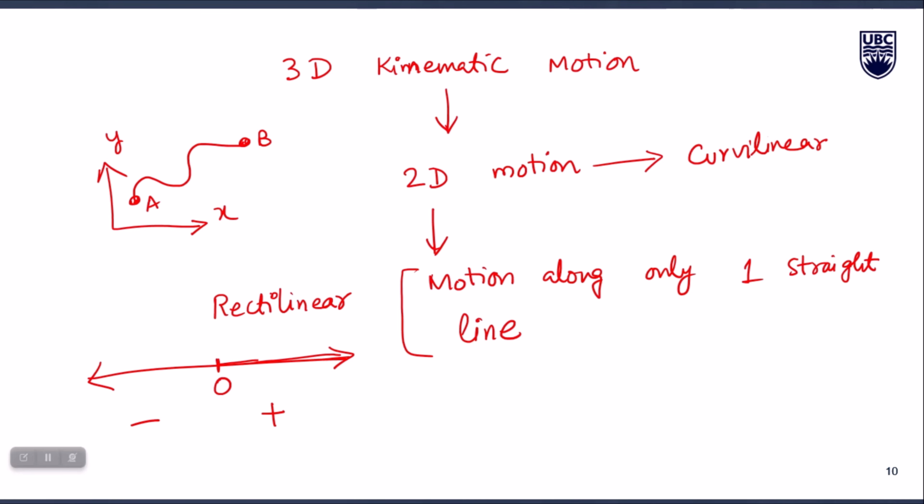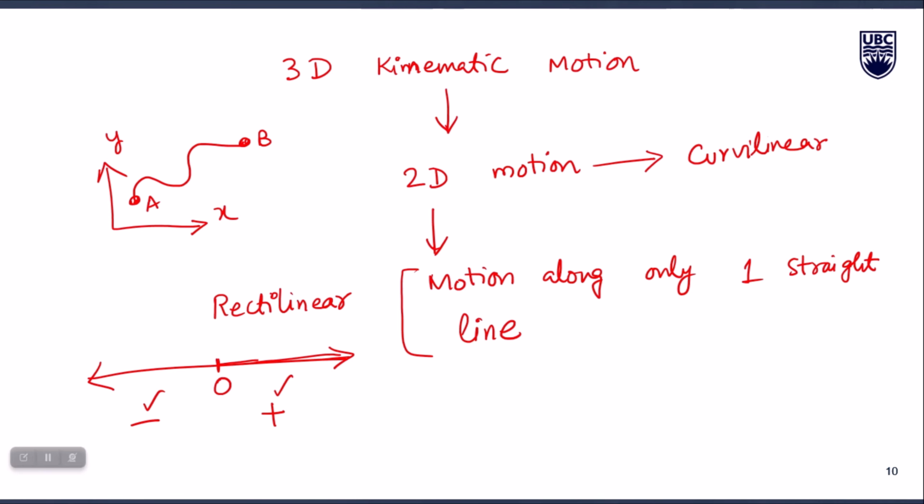Now you are currently having a case where motion can only happen along one axis, right? We can simply use algebraic symbols plus and minus to represent the direction, right? So there can be only two directions in this rectilinear motion, either towards left hand side or towards right hand side, or in other words, either negative or positive, right?